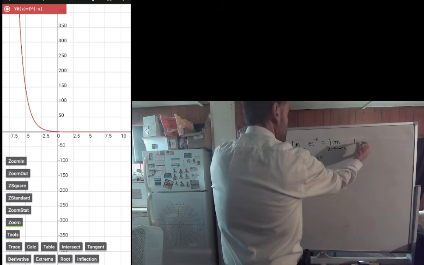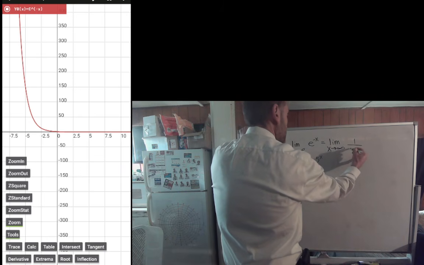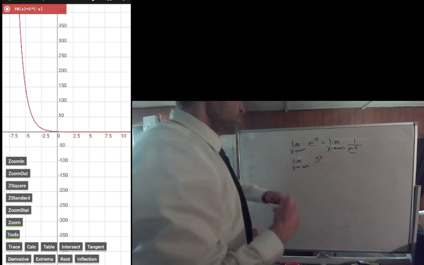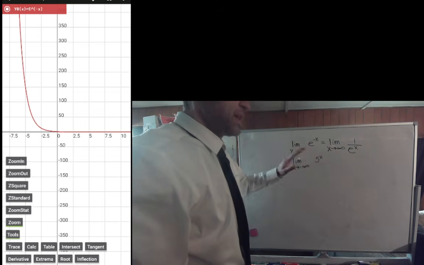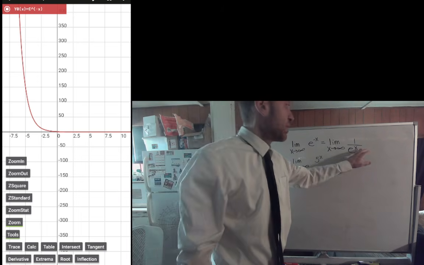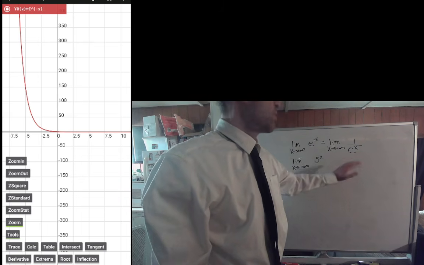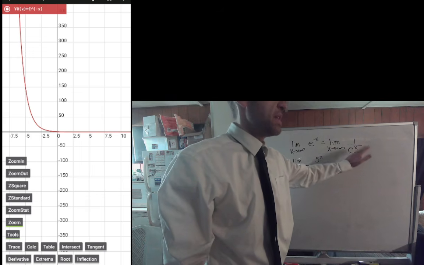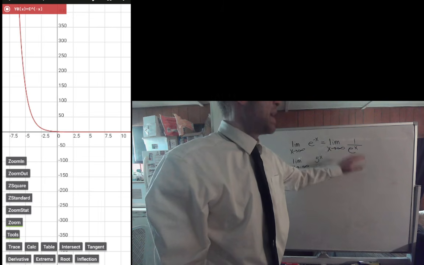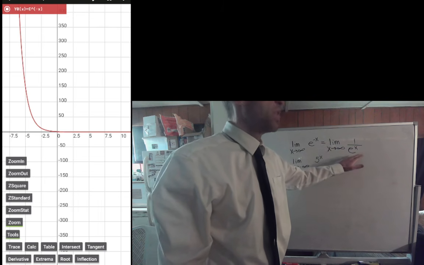So we can write that as the limit as x approaches infinity of 1 over e to the positive x, which if you put in higher and higher values of x, you're going to go to infinity in the denominator. And 1 divided by higher and higher numbers is going to bring you infinitely closer to 0.